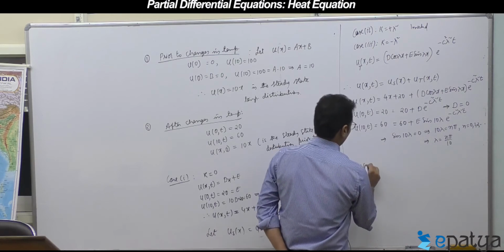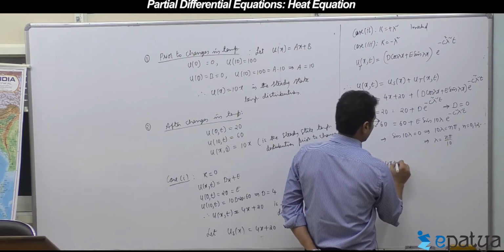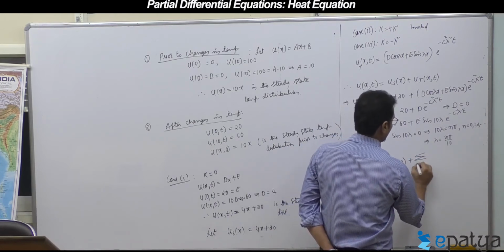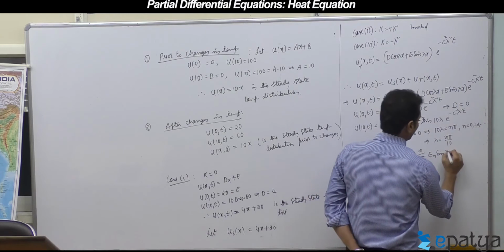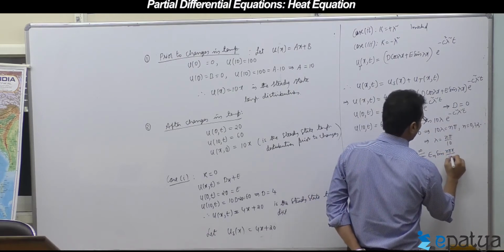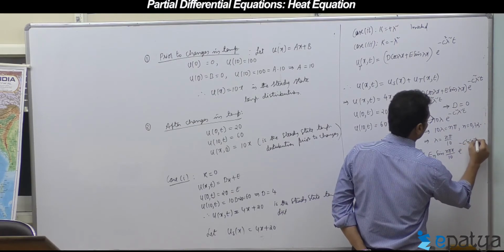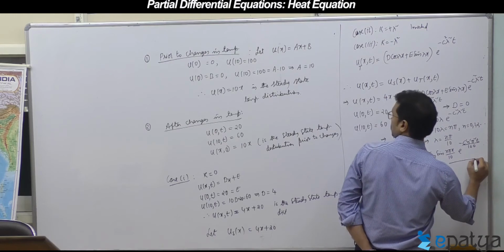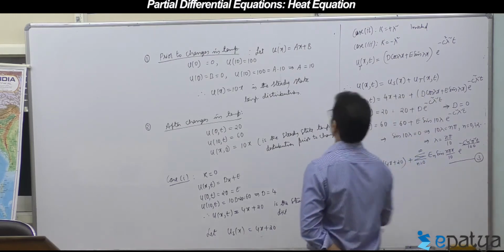Therefore, u of x comma t equal to 4x plus 20 plus sigma n running from 0 to infinity en sin n pi x by 10 into e power minus c square n square pi square t by 100. Equation number 3 or 4, whatever.